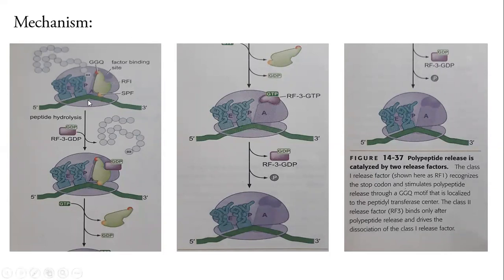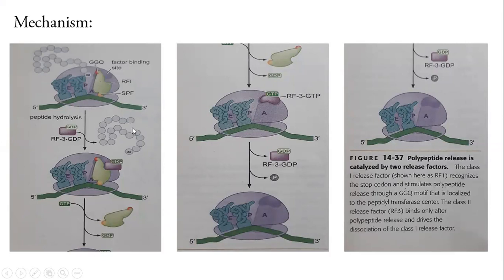Basically, first RF1 is inserted into the A site, where the GGQ tripeptide is located adjacent to the 3' end of the tRNA of the A site, and it hydrolyzes the polypeptide chain from the tRNA of the P site. This is known as peptide hydrolysis.